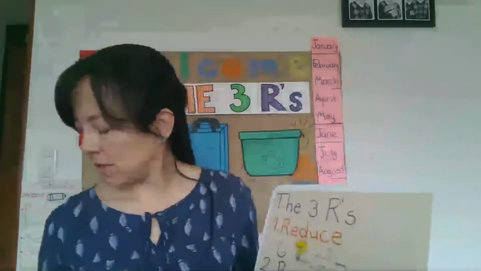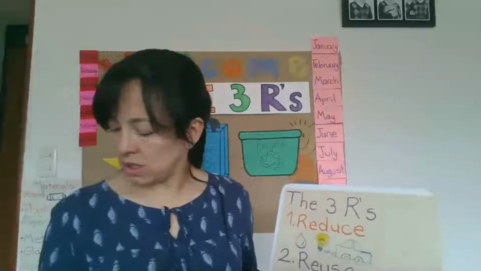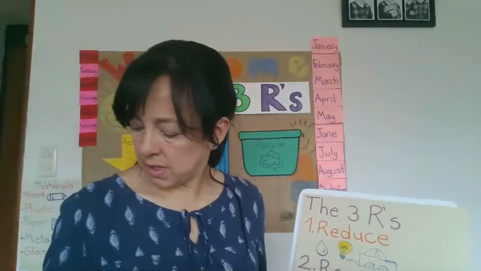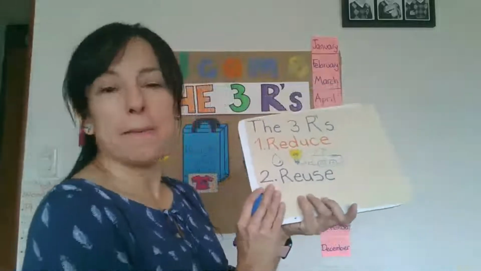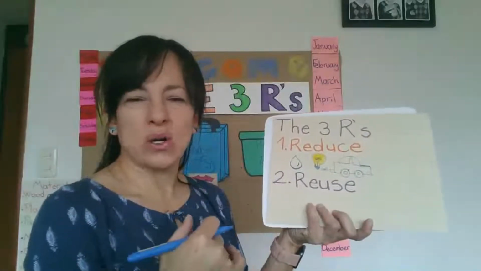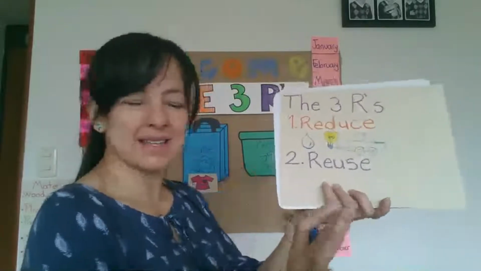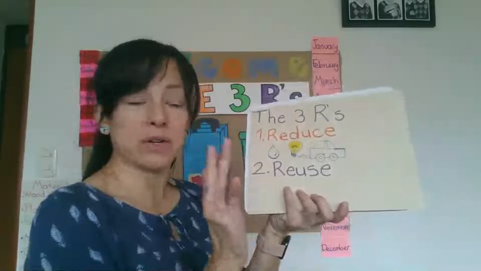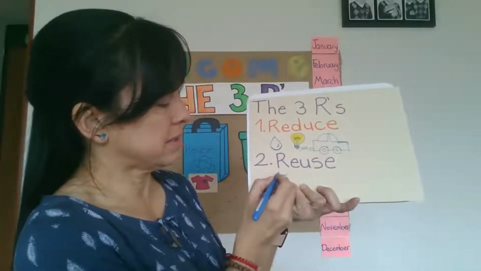So we said that we can reuse clothes. So let's draw a t-shirt, okay? But it can be pants, shoes, socks, shirts, skirts, dresses, any type of clothing. So let's draw a t-shirt.